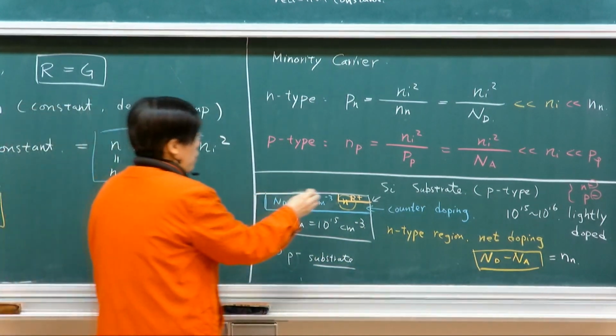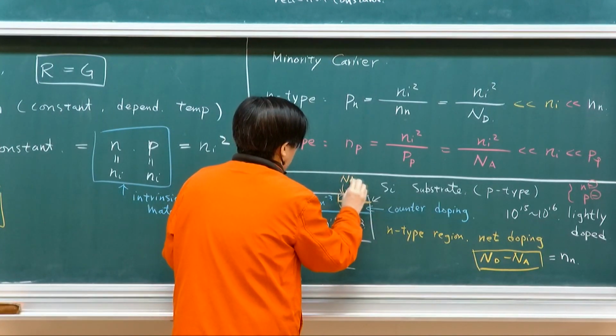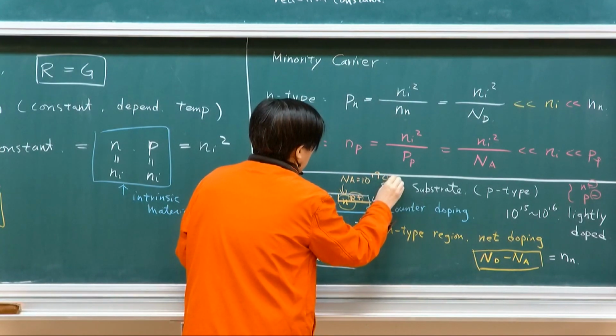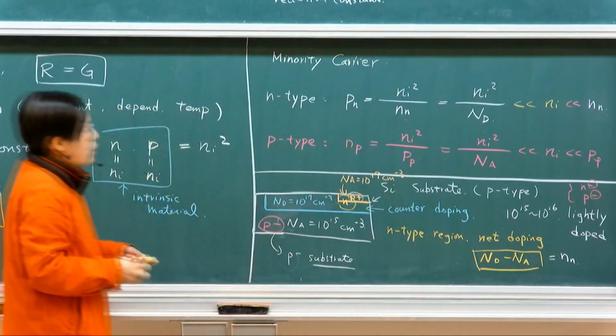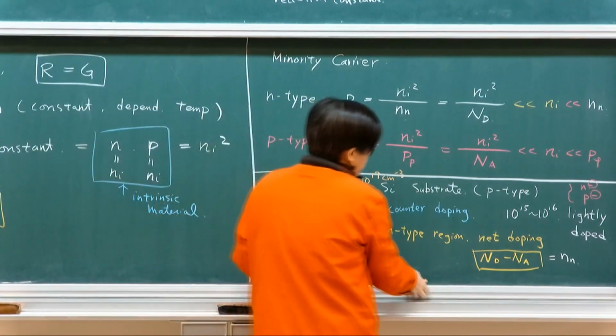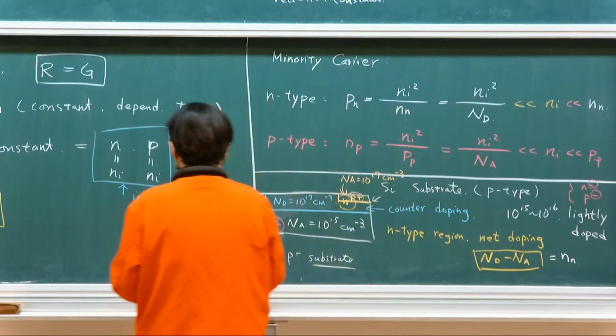If I do another P plus with a doping of Na, let's say 10 to the 19th, this is just to give you a sense of what P plus is. P plus stands for, I don't have enough space.